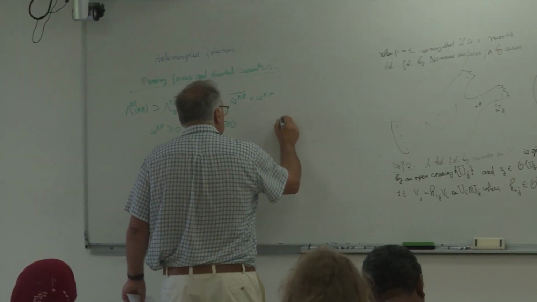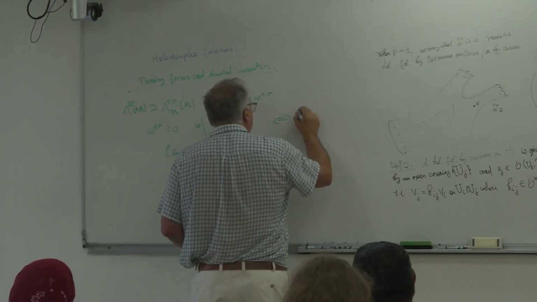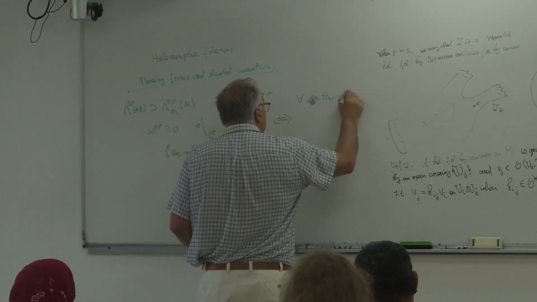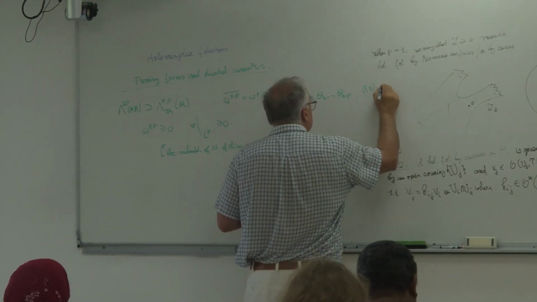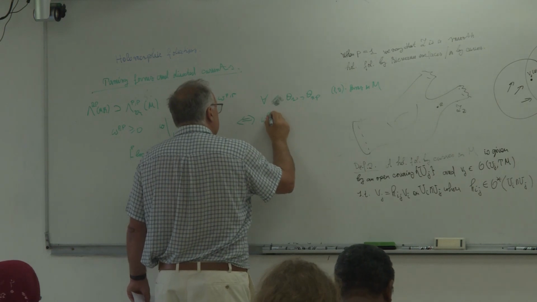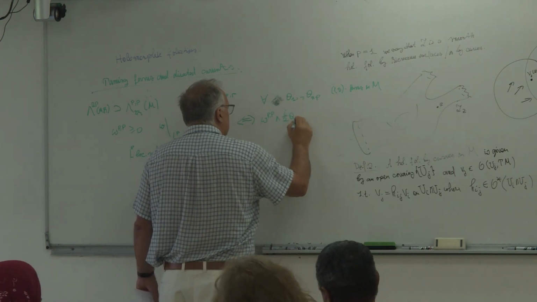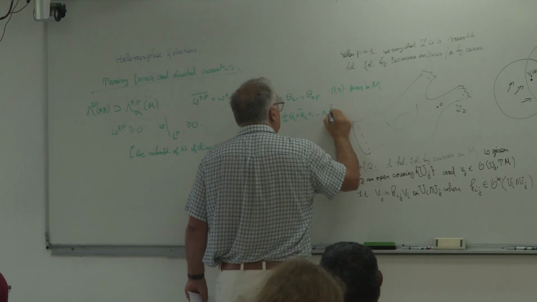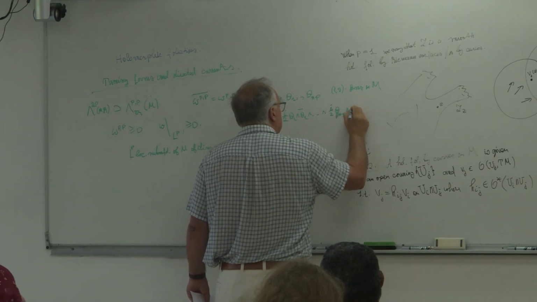The same can be formulated as follows. For any θ_1, ..., θ_{n-p}, (1,0)-forms on M, the form ω wedge (i/2)θ_1 ∧ θ̄_1 and so on, up to (i/2)θ_{n-p} ∧ θ̄_{n-p}.